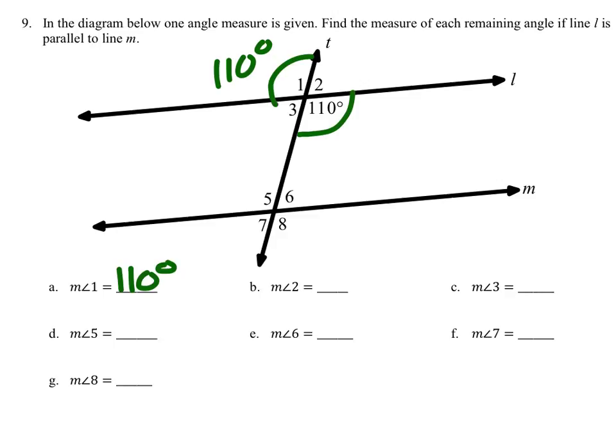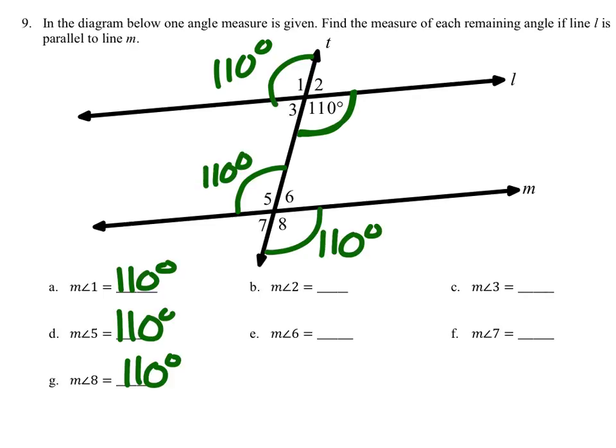But based on what we just learned, looking at this 110 degree angle, angle 5 is alternate interior with it, so it also is 110 degrees. And angle 8 is vertical with angle 5, so it also is 110 degrees.